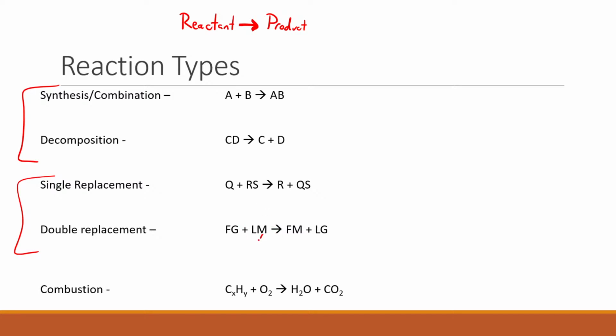And in this case, the M and the G replace each other. It was F paired with G in the beginning. It is F paired with M at the end. So the M replaced the G. It was L paired with M in the beginning. It's L paired with G at the end. So the G replaced the M. A double replacement.